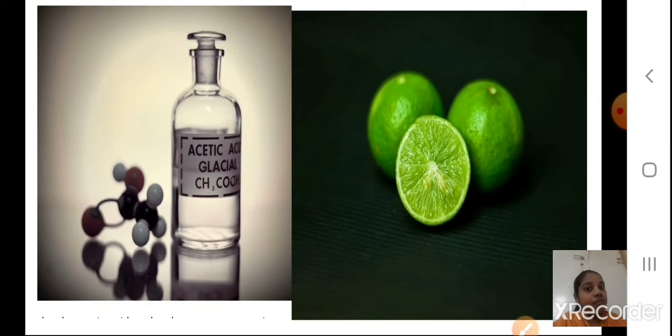We use the litmus paper. If I put a red litmus paper in the base, what will happen? Yes, students, it will turn blue.